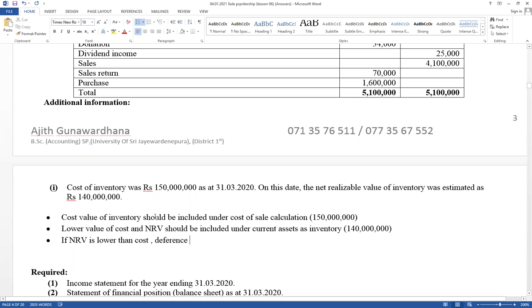There are 3 marks available here. If net realizable value is lower than the cost value, then difference value.